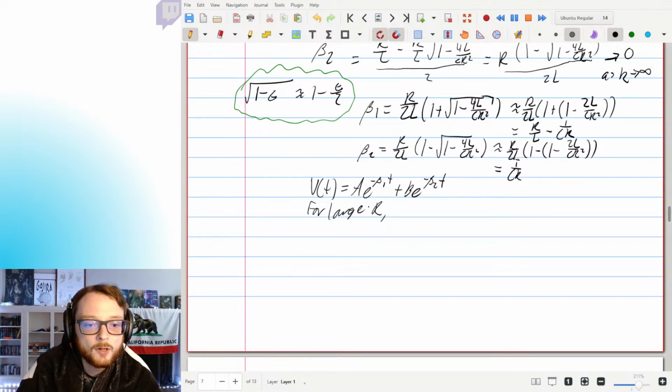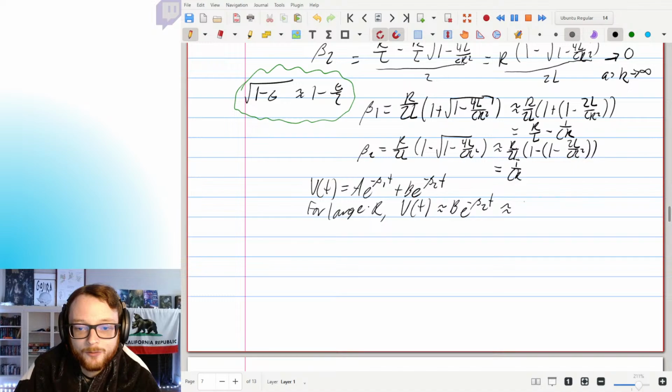For large r, b of t looks a hell of a lot like e to the minus beta 2 t, which is approximately, again, an approximation of an approximation, looks like minus 1 over rct.